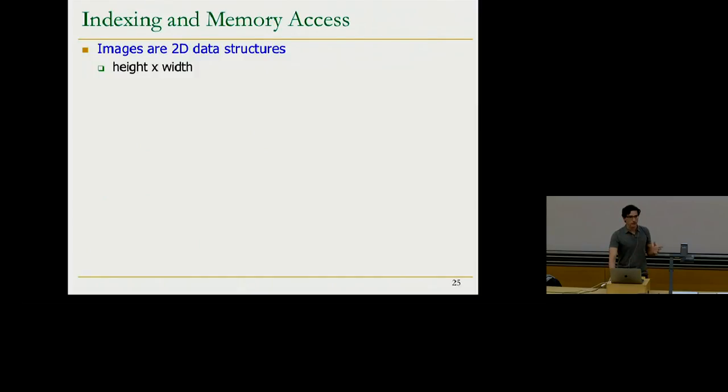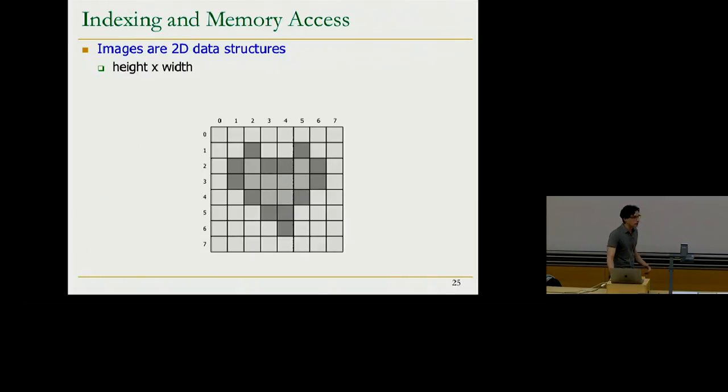This is what we are going to talk about. As I said in the beginning, one of our running examples here is images because they have a lot of inherent parallelism. Images are two-dimensional data structures. They have a certain height and a certain width. In this example, this is an 8x8, very simple image.